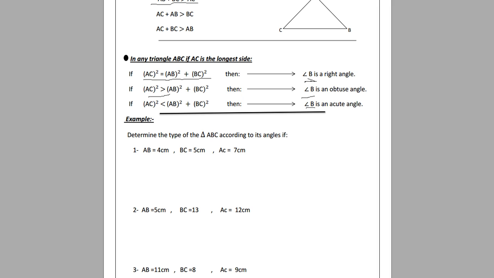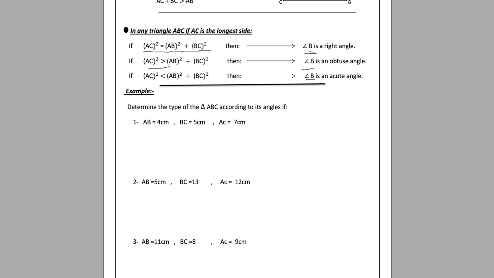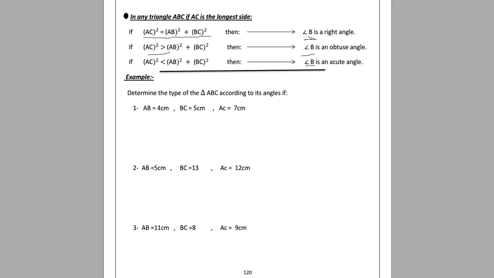Number 3. AB is 11 centimeters, BC is 8 centimeters, AC is 9 centimeters. How can we know if it is a right angled triangle, an obtuse angled triangle, or an acute angled triangle? First, catch the biggest side. It is 11, AB. Then, remind me, what is the next step after catching the longest side? Perfect.